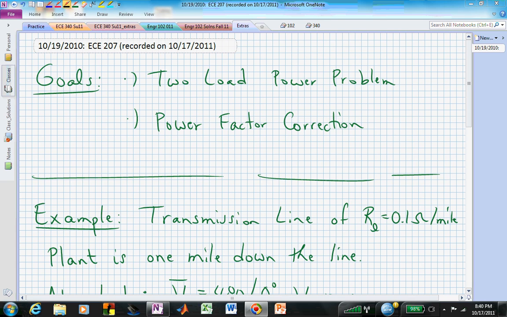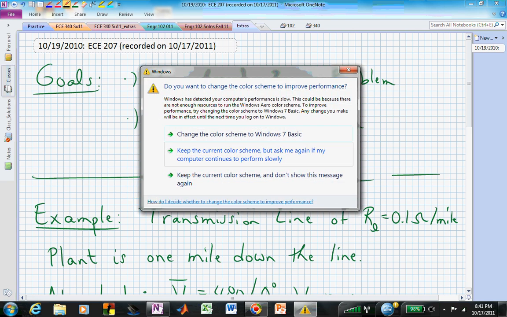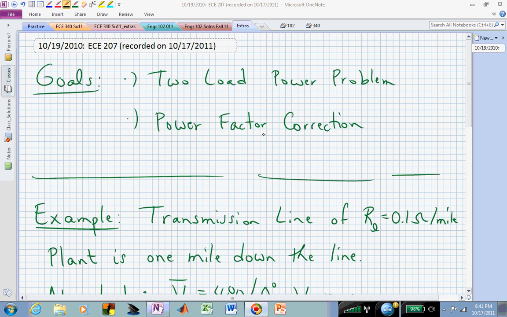Then we will look at another situation that is referred to as power factor correction. Can you now add an additional load that effectively brings the power factor closer to 1, the ideal of having the power factor equal to 1?